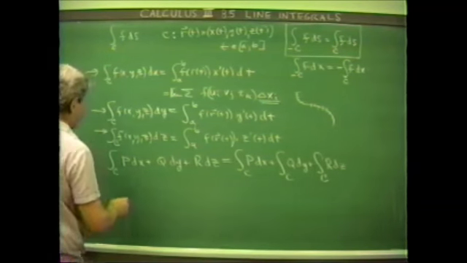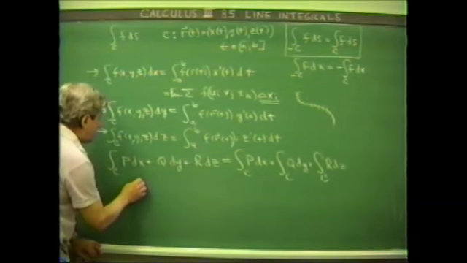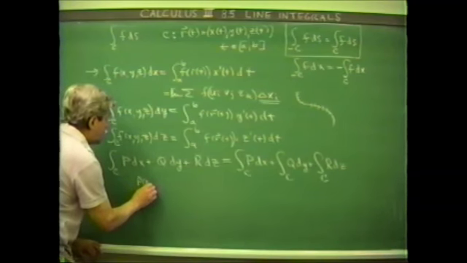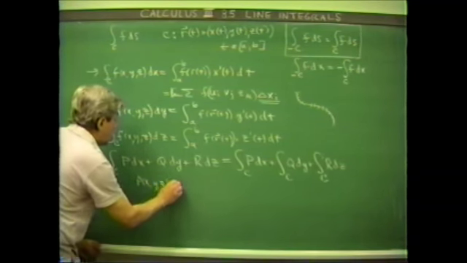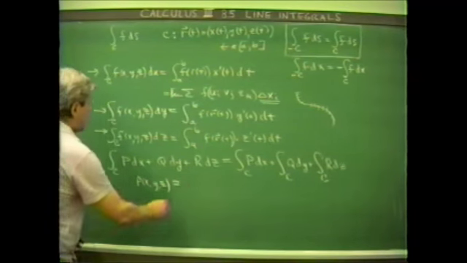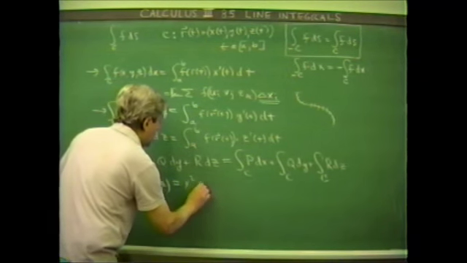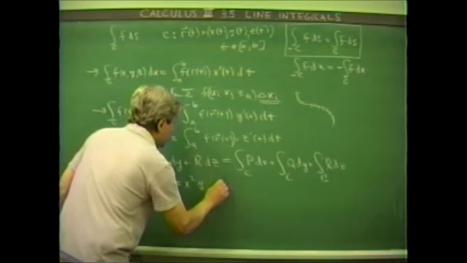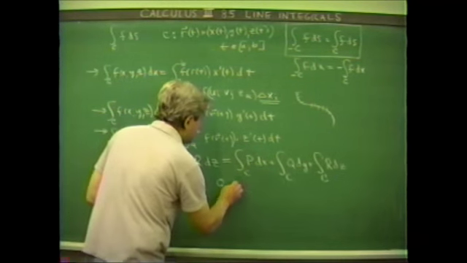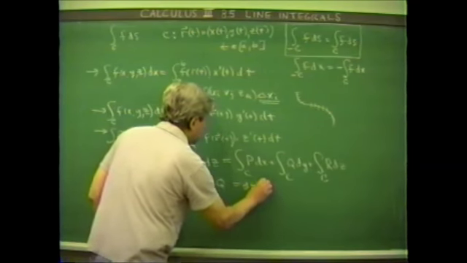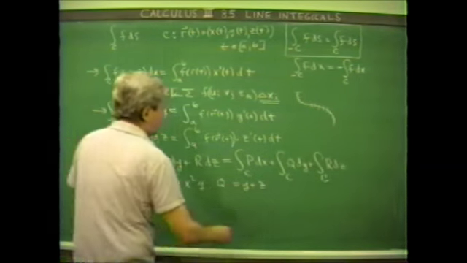Let's take a look at an example. Let p of x, y, and z be equal to x squared y. Let q be y plus z. And let r be x times y.